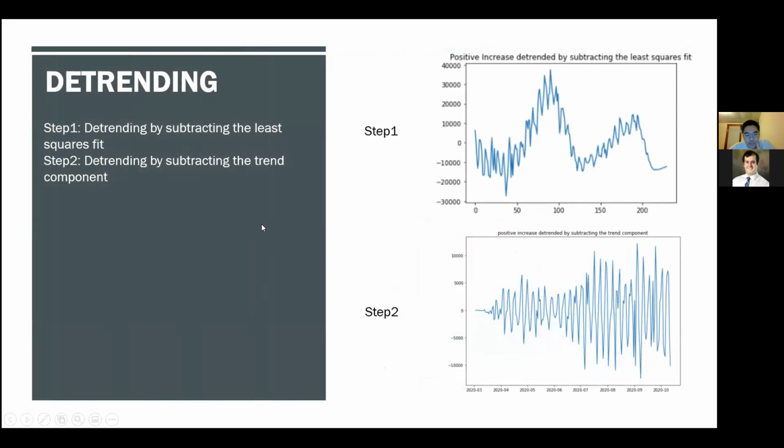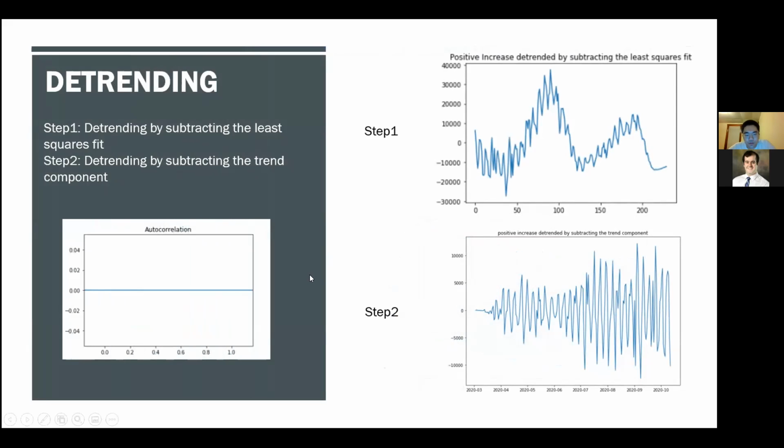We have two steps. In the first step, we detrend it by subtracting the least square fit, and this is the plot of it. In the second step, we detrend by subtracting the trend component, and it becomes this. We also plotted the autocorrelation after those two steps. We found it becomes much better.